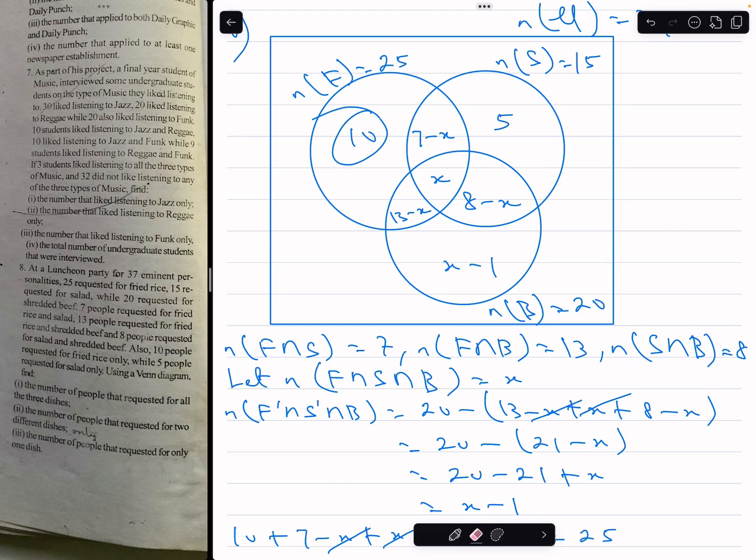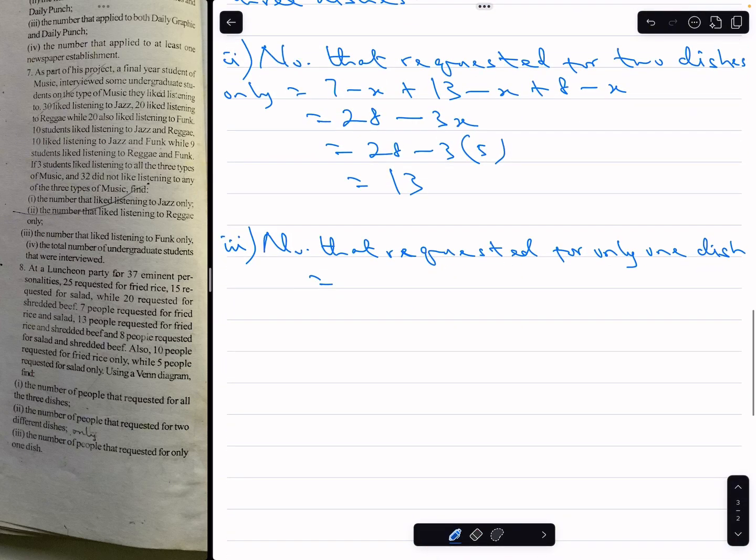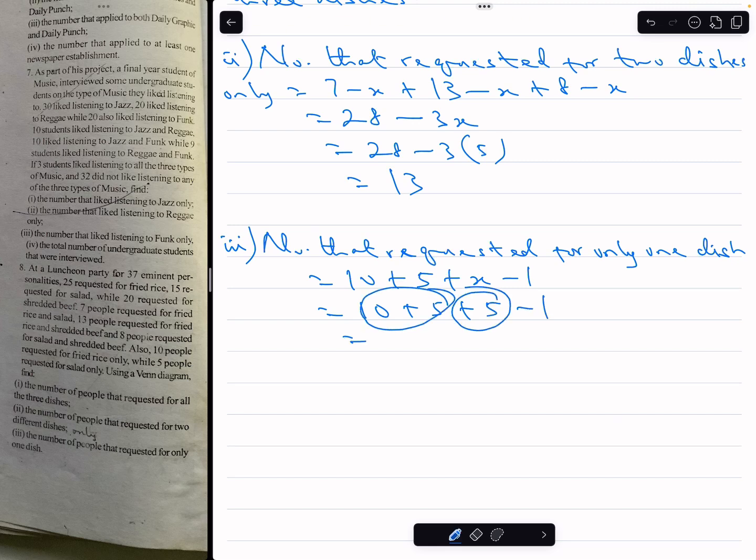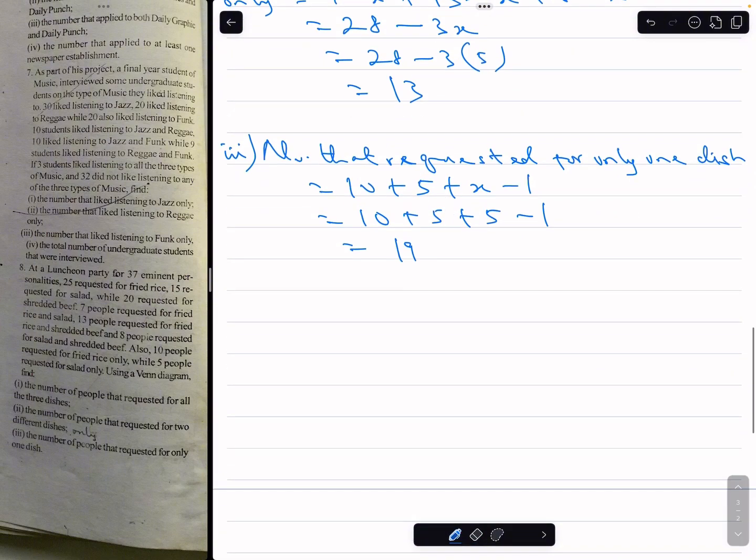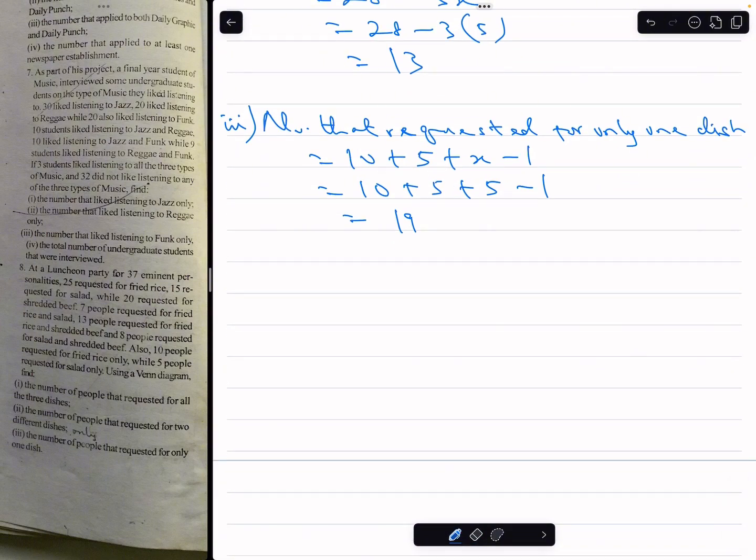And that will be 10 plus 5 plus x minus 1, which is 10 plus 5 plus 5 minus 1. That's 10 plus 5, 15, plus 5, 20, minus 1, 19.